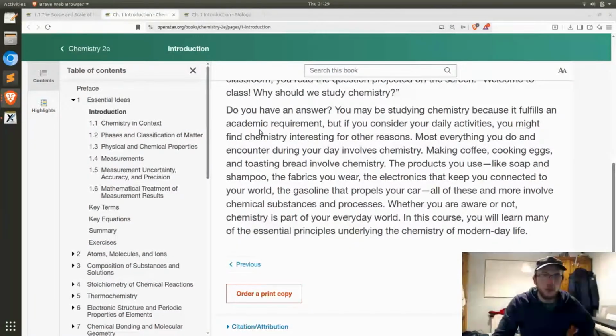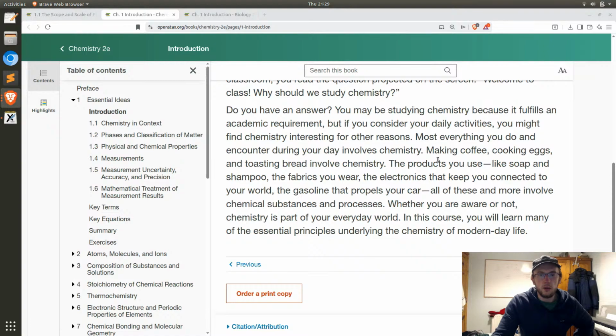It fulfills an academic requirement, but if you consider your daily activities, you might find chemistry interesting for other reasons. Most everything you do and encounter during your day involves chemistry. Making coffee, cooking eggs, and toasting bread, they all involve chemistry.